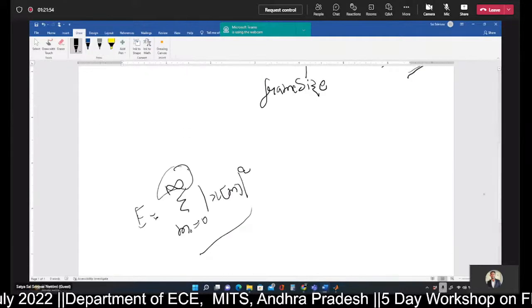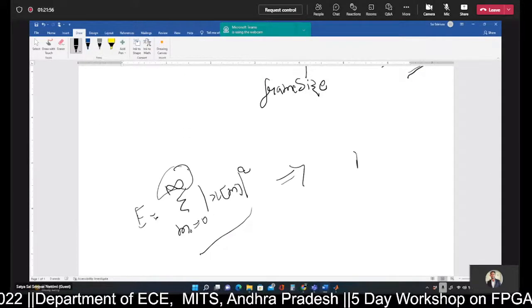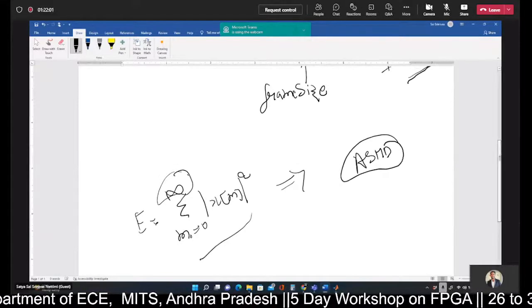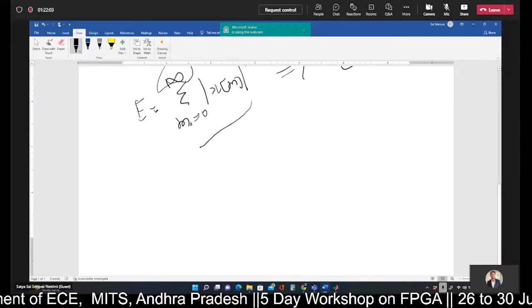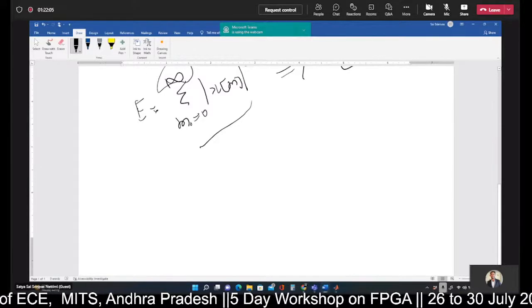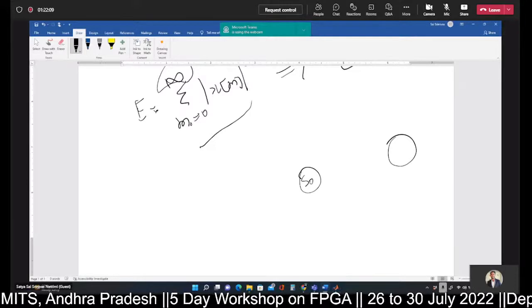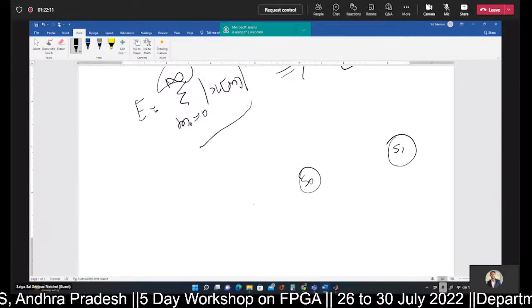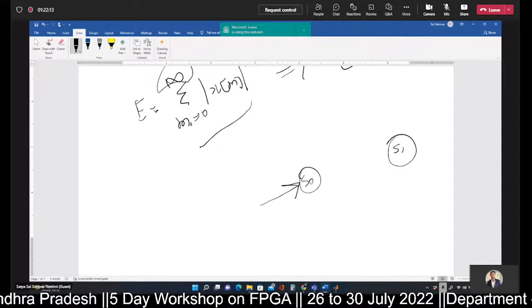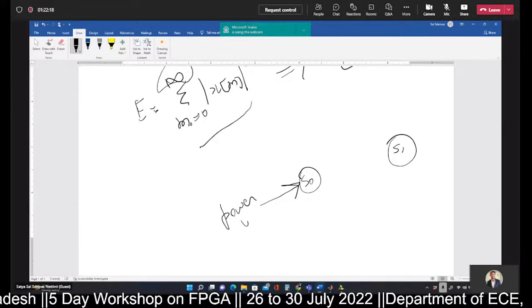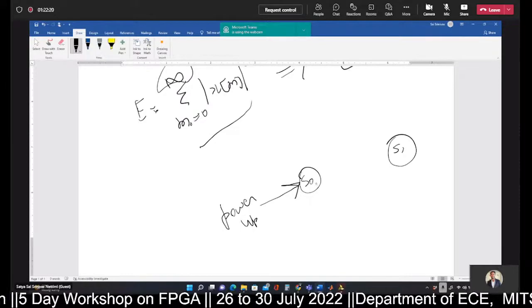What we are trying to do is model it using ASMD. It's a kind of state machine. For the sake of simplicity, we are considering only two states, S0 and S1. Whenever you switch on the power of our frame energy module, it jumps into the S0 state.